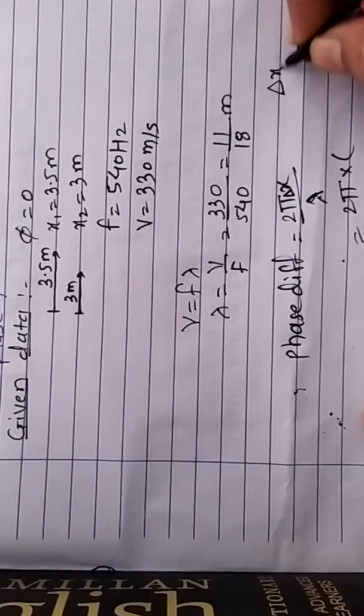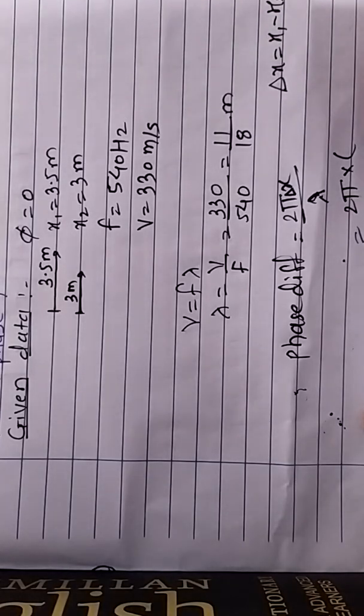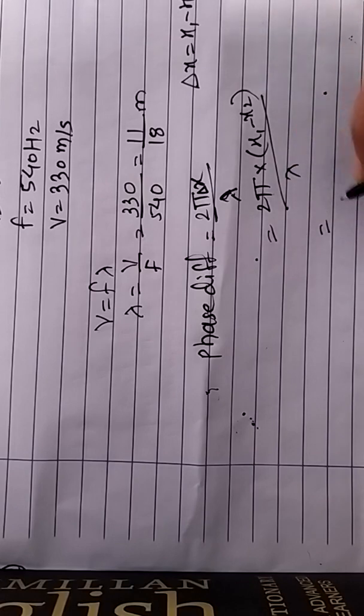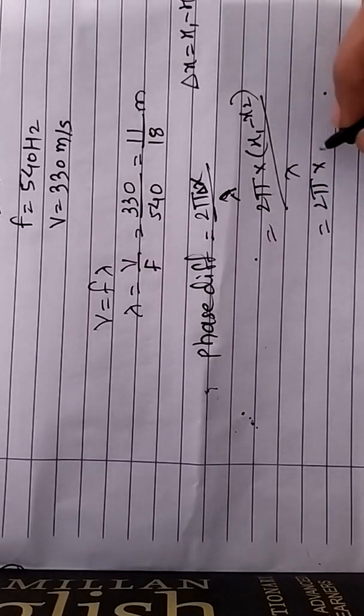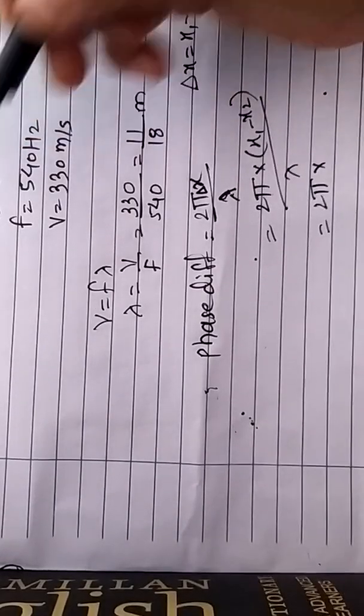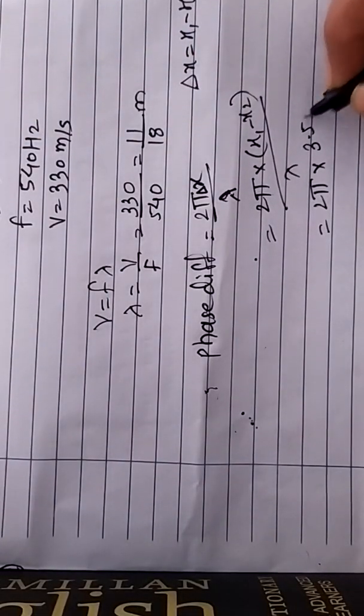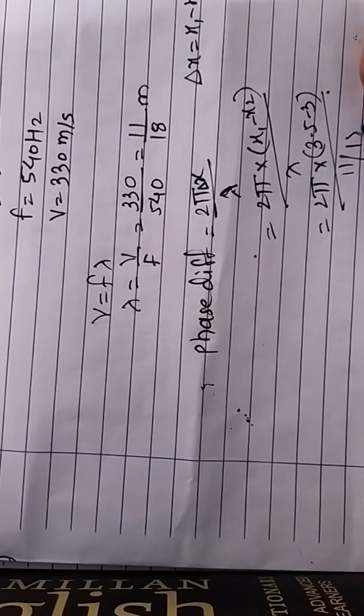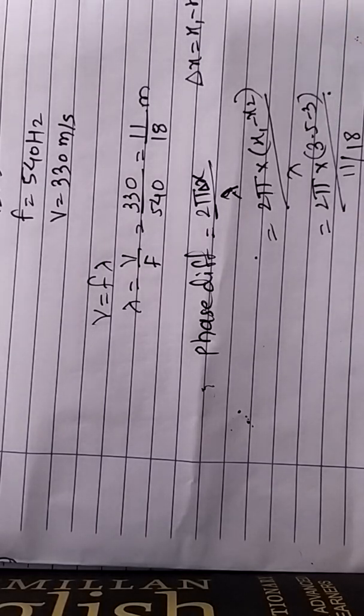Delta x is equal to x1 minus x2. Phase difference is 2 pi into (x1 minus x2) upon lambda, that is 2 pi into (3.5 minus 3) upon lambda, where lambda is 11 upon 18. 2 pi into 3.5 minus 3 is 0.5, into denominator 18 as multiplying factor upon 11.